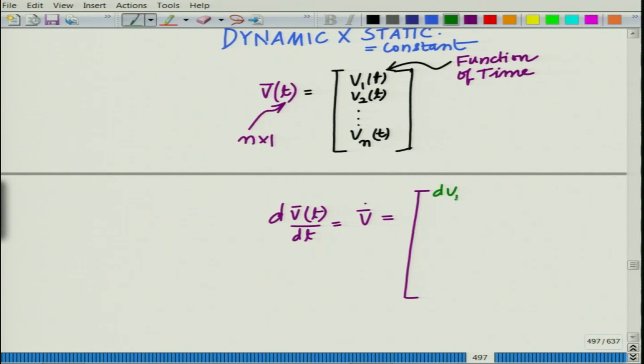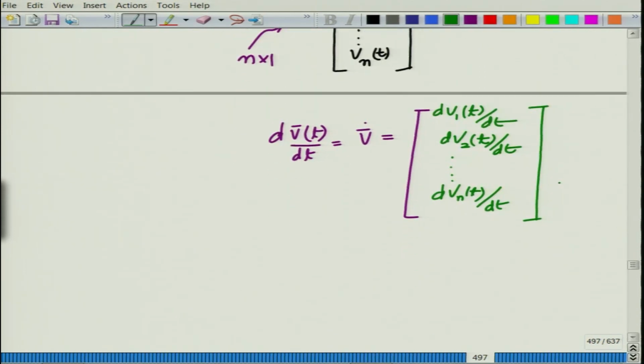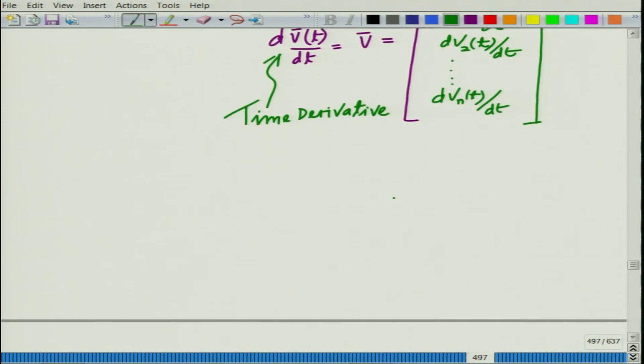This is dv1 t by dt, dv2 t over dt, up to dvn t over dt, and this is the time derivative.